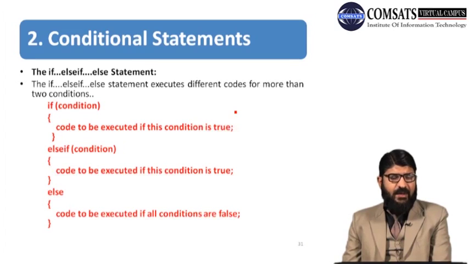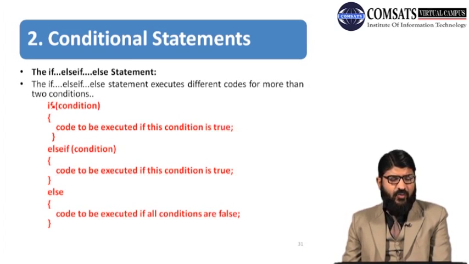The next conditional statement is the if else statement. The if else statement is used to execute different code when you want to check more than two conditions. So consider the if condition and then a line of code.